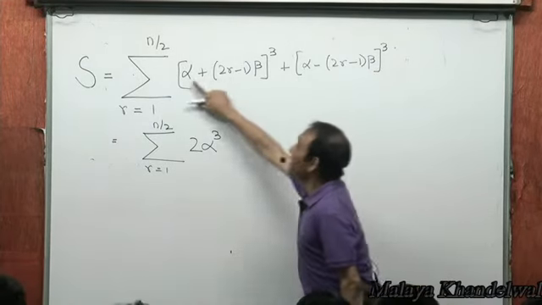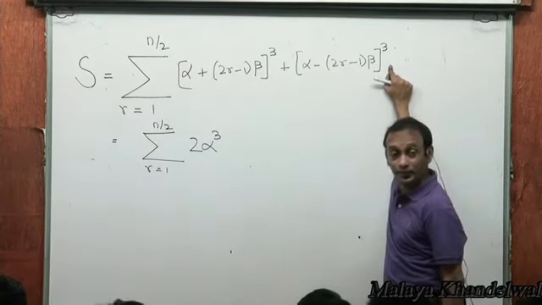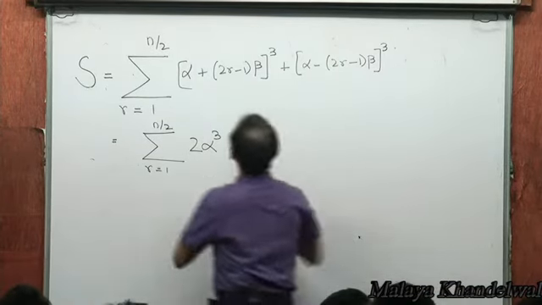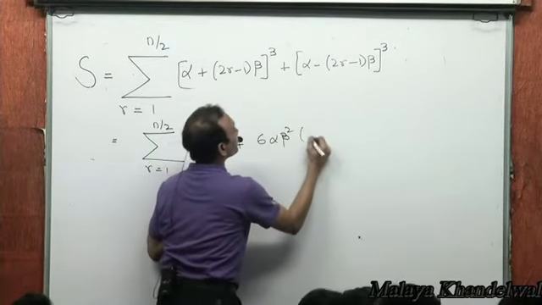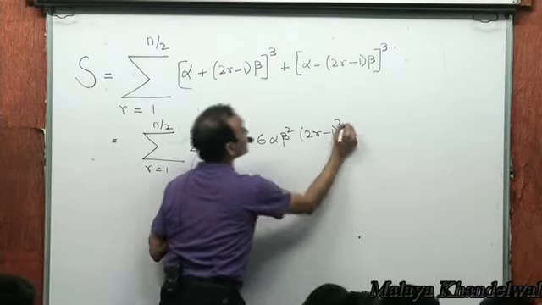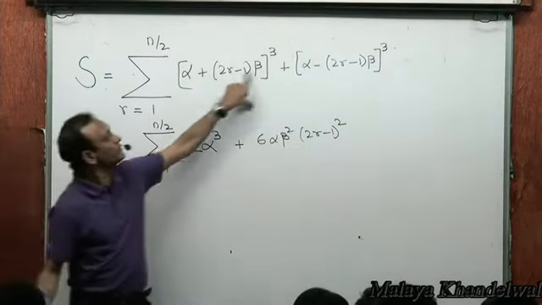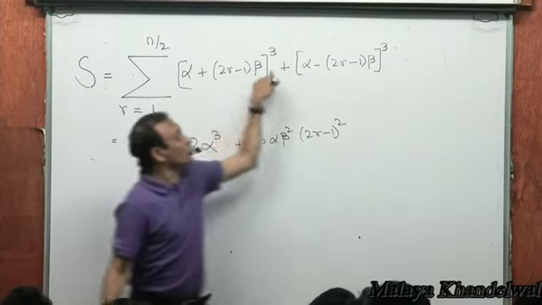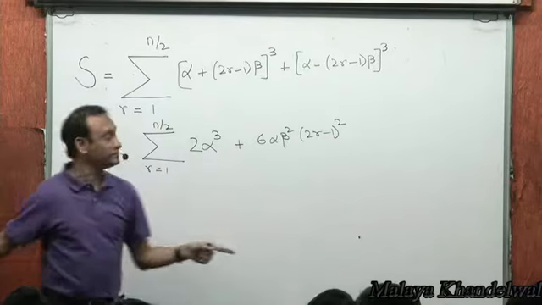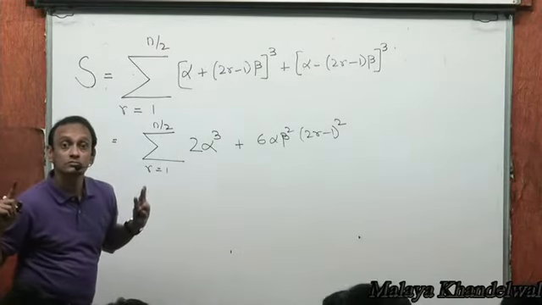Okay. 3ab squared plus 3ab squared will give me 6ab squared. That will add up. Right? And b cubed and minus b cubed will get cancelled. This then is what it boils down to. Right?